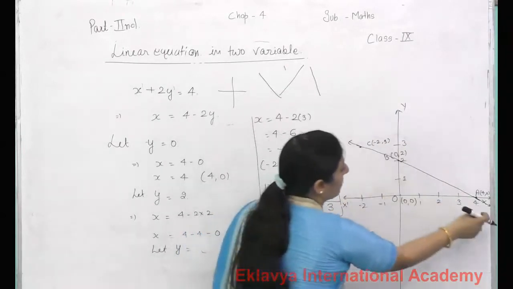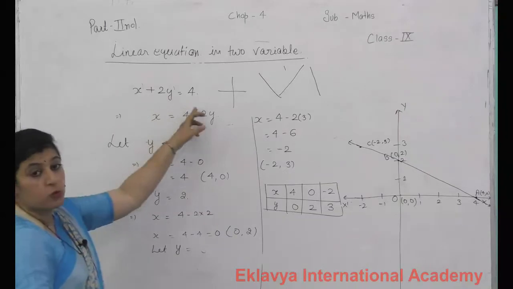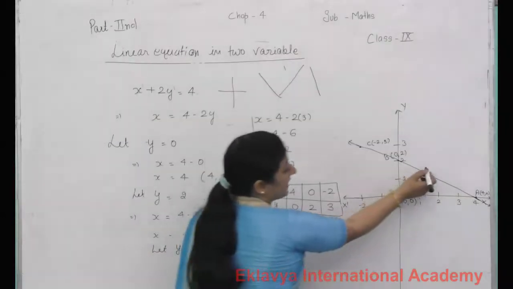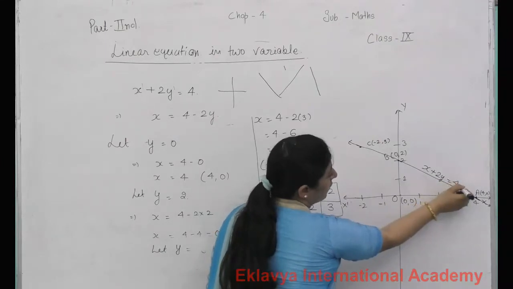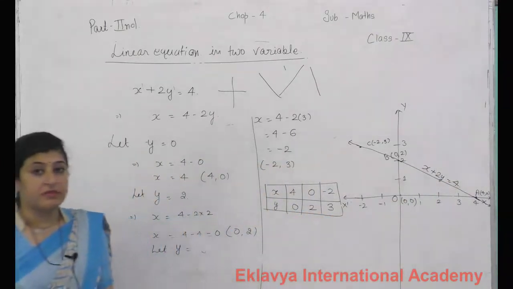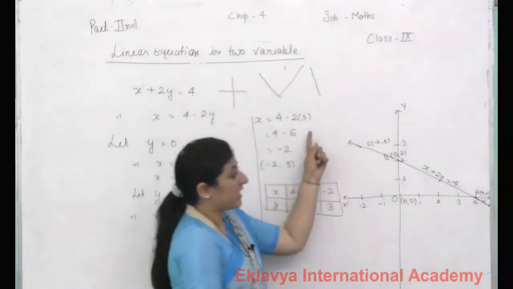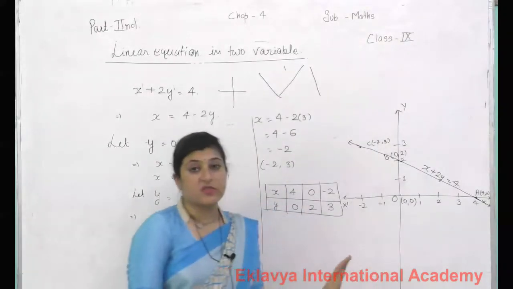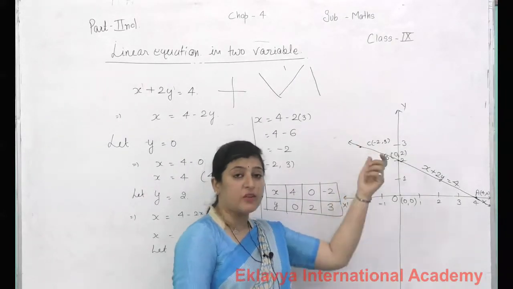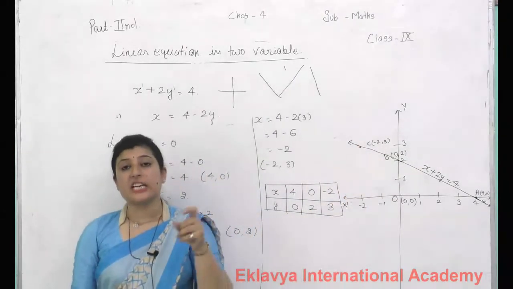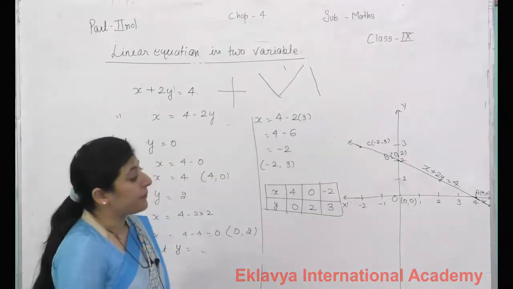Now how to complete it? This is the graph of which equation? x + 2y = 4. Then write down x + 2y = 4. Now our graph is complete. Firstly we plot the x-axis and y-axis, then show our solutions on the graph paper as we already did in chapter 3, how to plot a solution on graph paper.